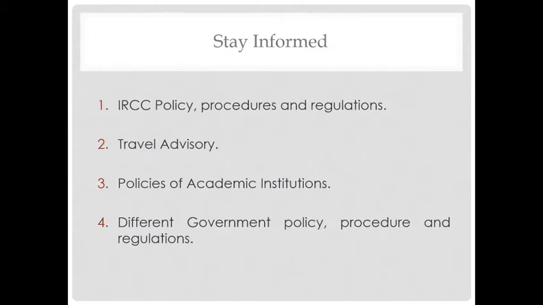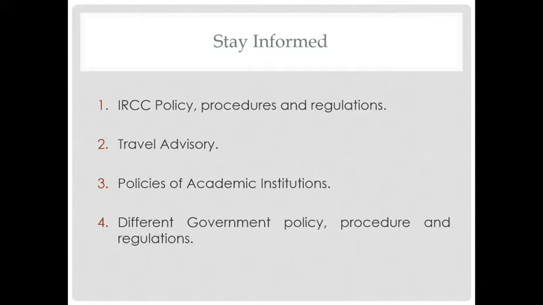So first things first, we have to stay informed because, like I mentioned earlier, we're dealing with very uncertain times and the government is reacting very quickly and sometimes impromptu to try and curb or manage this situation. The essence is that the policies are ever changing. There is something new coming up and it is affecting us in different ways. So we need to stay informed with the current situation. First of all, we have to be aware of what the current IRCC policy, procedures, and regulations are.